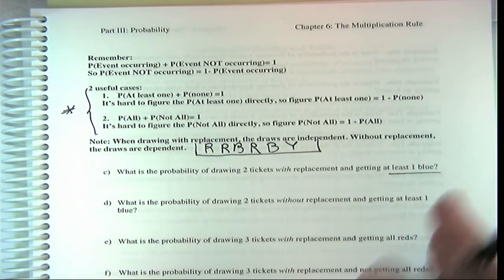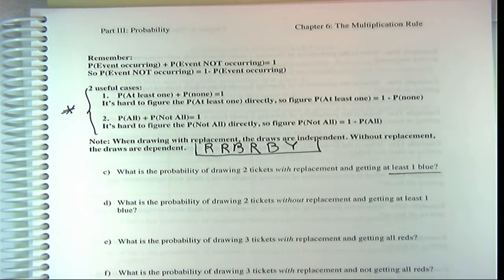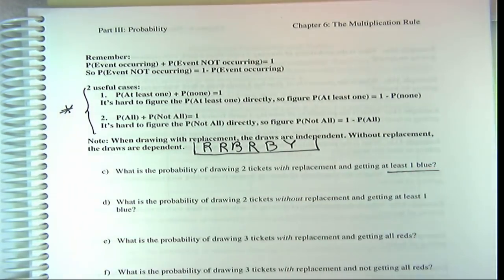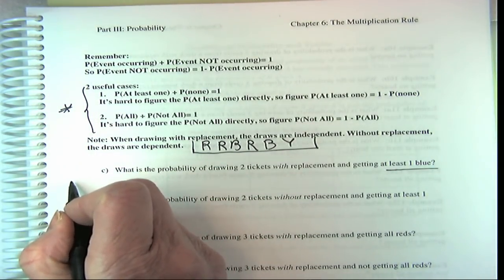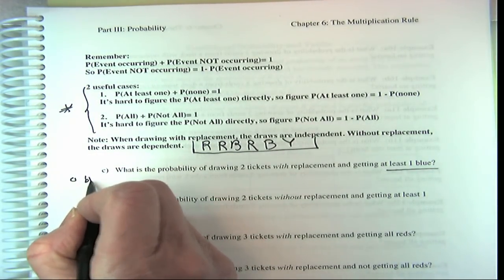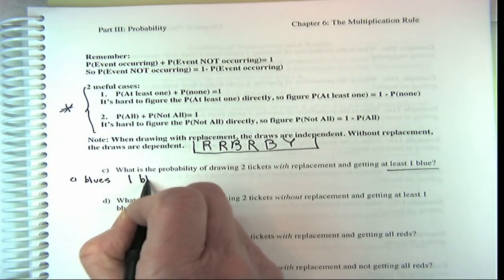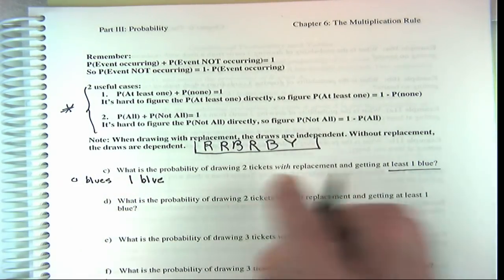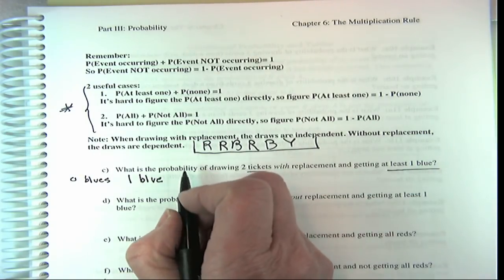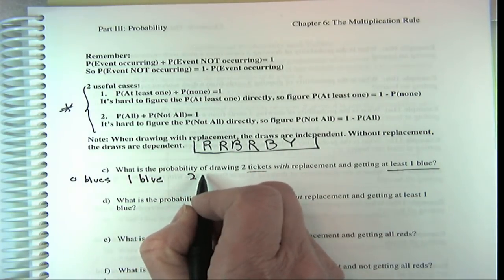Let's think of what our sample space is. On 2 draws, you could get no blues, 0 blues. You could get one blue. Or you could get 2 blues.